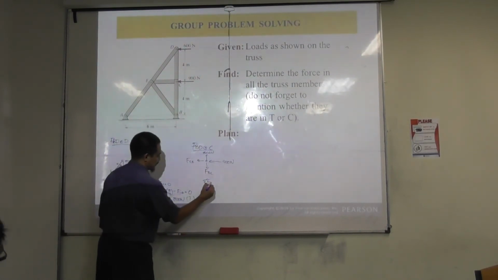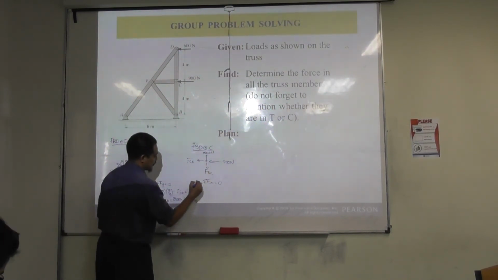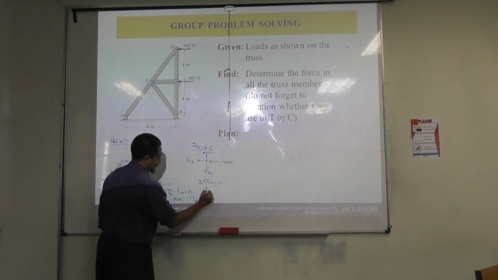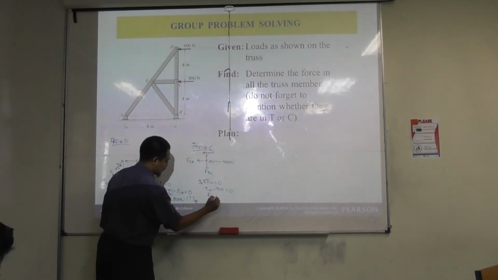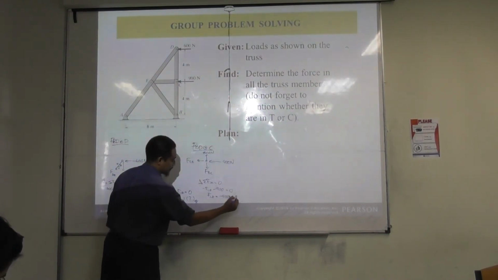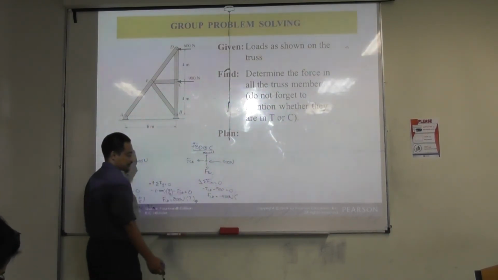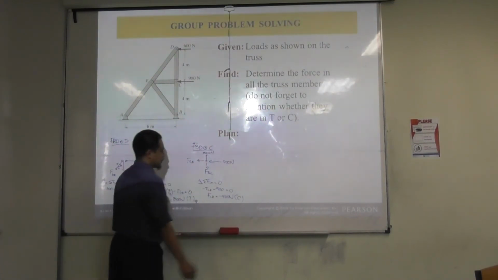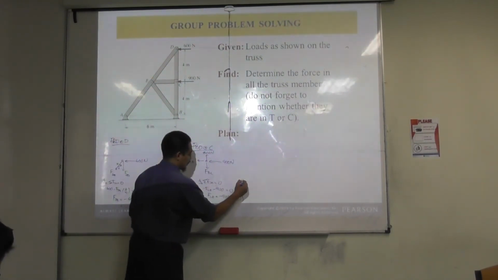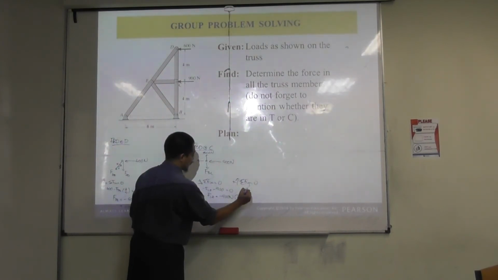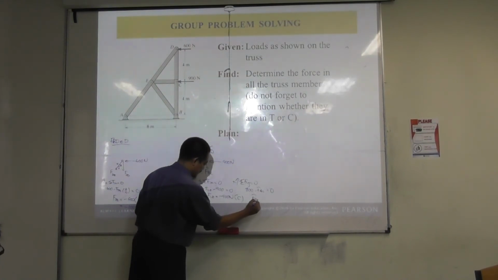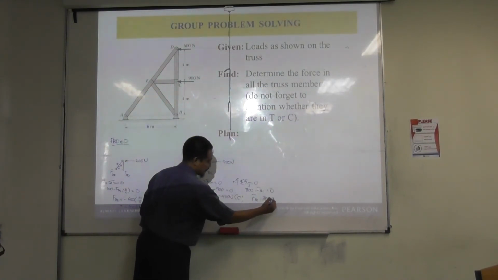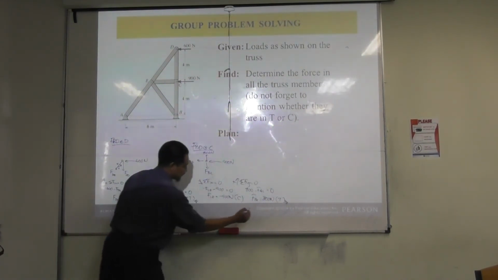Summation of Fx equal to 0, you get minus FCE minus 900 equal to 0, FCE equal to minus 900 Newton, meaning compression. Summation of Fy equal to 0, of course it's positive, so you get 800 minus FBC equal to 0, FBC equal to 800 Newton tension.